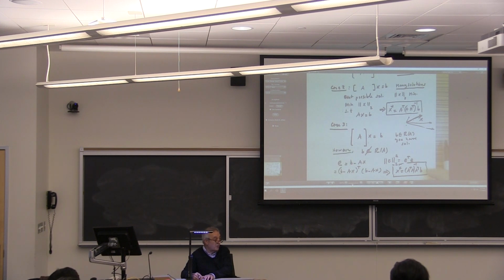This plays an important role in data analysis and so on, as I mentioned to you before, okay? Because you collect a lot of data and you're trying to find the best possible solution. This equation is very important in one-dimensional, two-dimensional, and three-dimensional image processing.